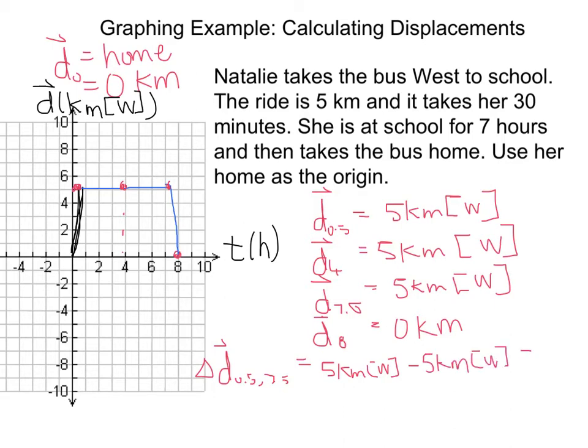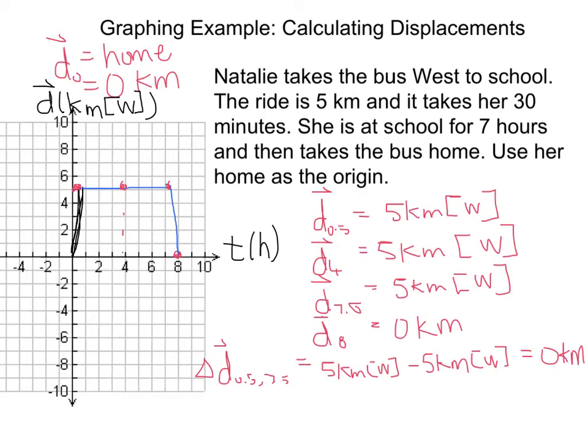So we get 0. So the displacement between half an hour and 7.5 hours is 0. So that means in that time, she is at the same place that she started.